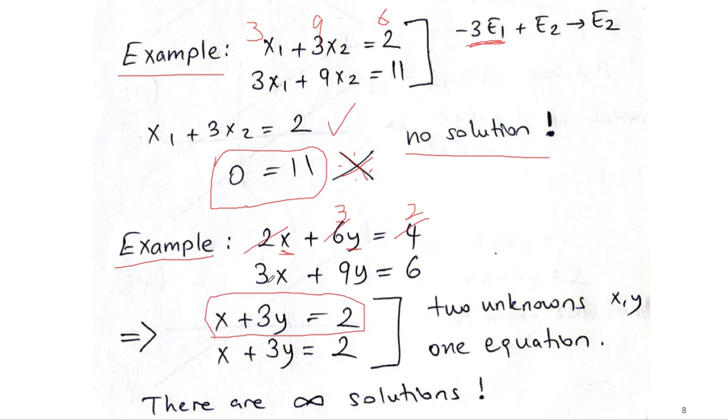But the second equation, again simplified by 3, is x plus 3y equals 2 as well, which is the same equation, just in a different representation. So we have two unknowns, but essentially we just have a single equation. That means we have infinitely many solutions. We are free to choose x and y.